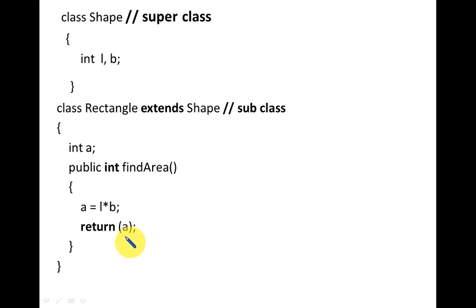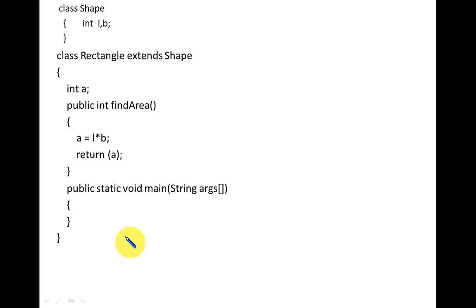Okay, next. Whatever be the inheritance, only the subclass, that is the newly derived class, should contain the main method. So where to define the main method? Inside the superclass or inside the subclass? Definitely inside the subclass.